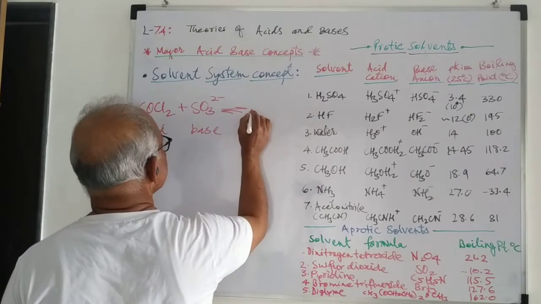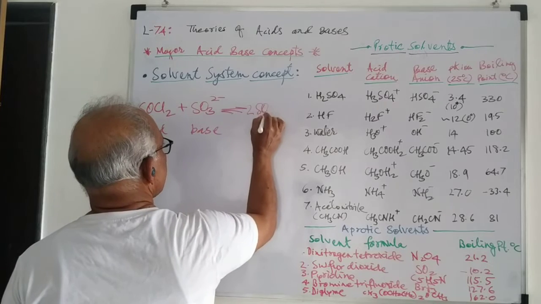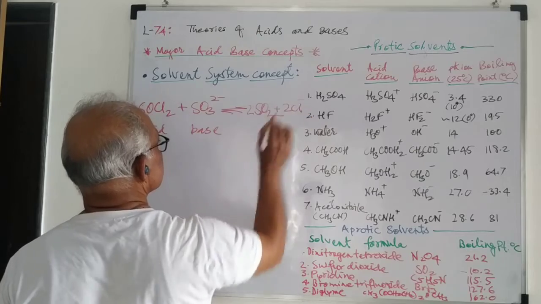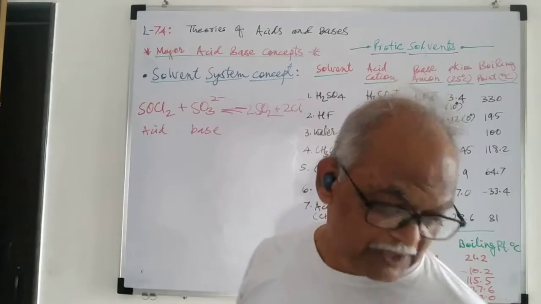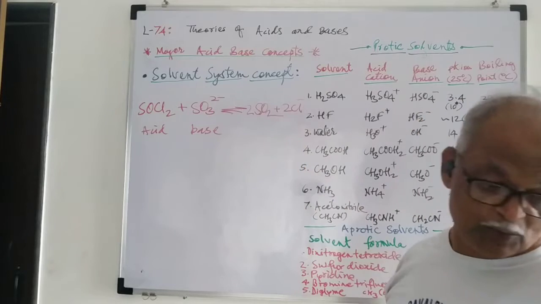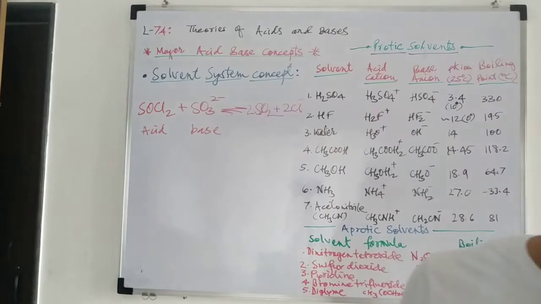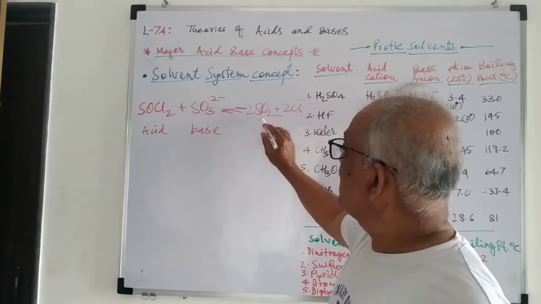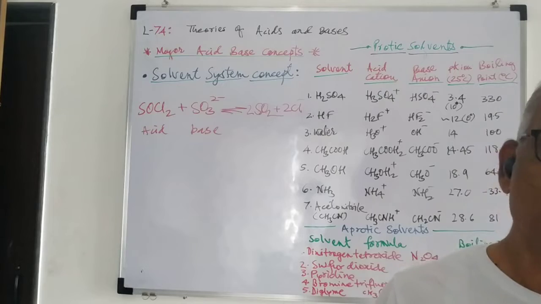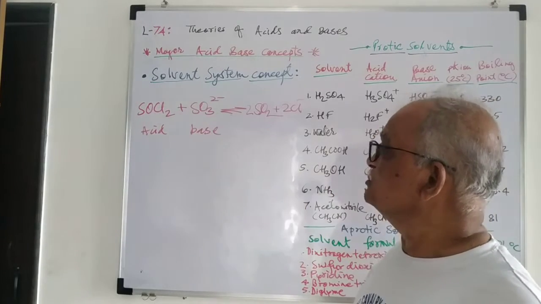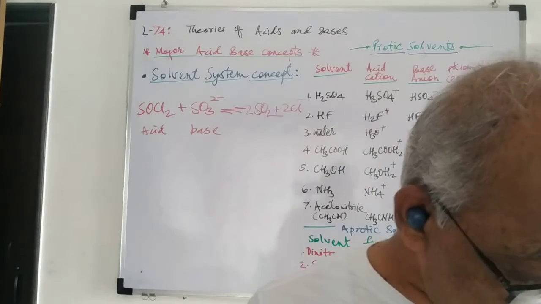But after reaction it gives the solvent, that is, 2 SO2. So you can say this is reaction 1, and it shows that the solvent ion is produced here, and therefore sometimes it is believed that SOCl2 is an acid.